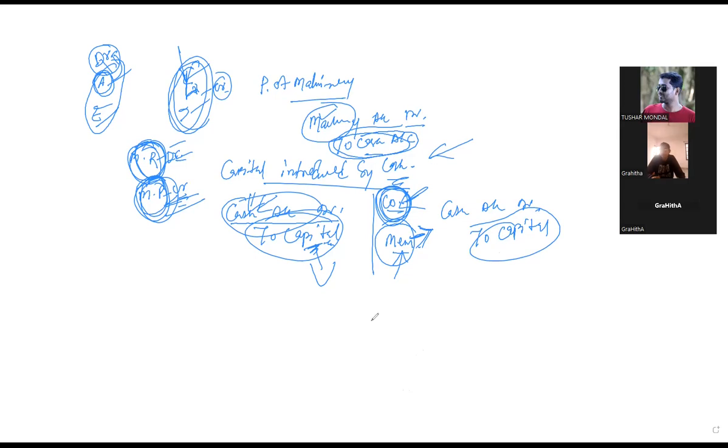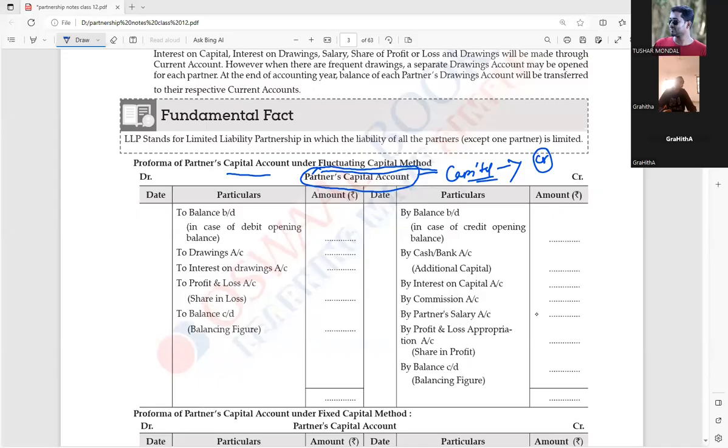Now come to the next situation. See, capital was credit, that's why you should always remember that for the things that are credit, if you are going to make that account, the balance brought down is always on that side. So capital was credit, we have seen.